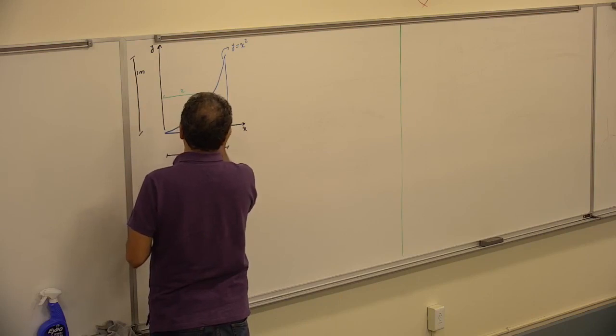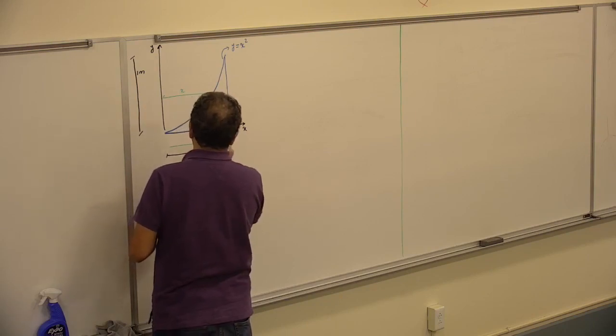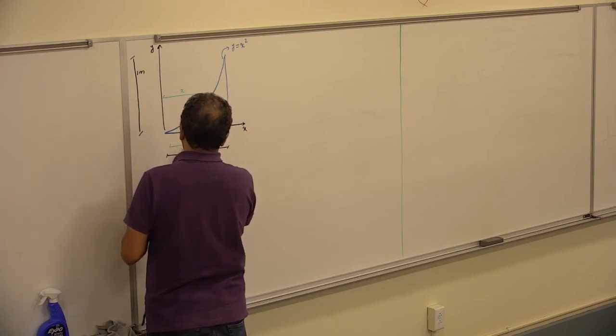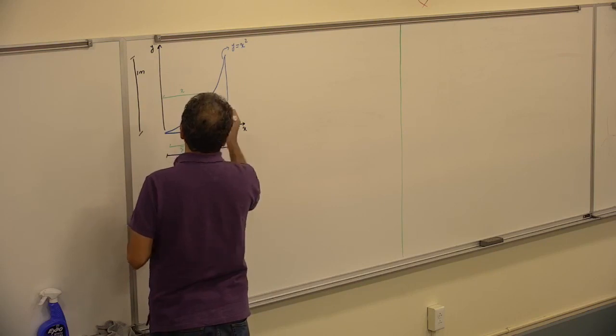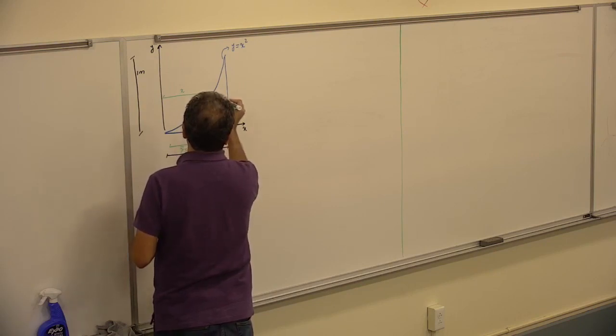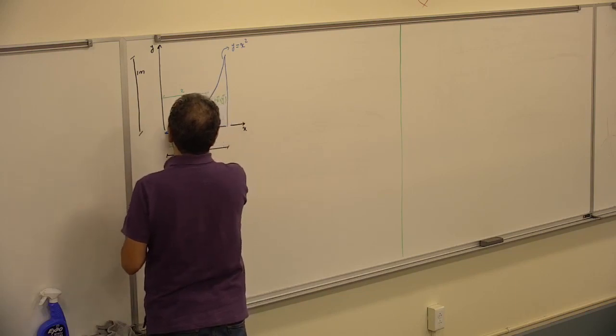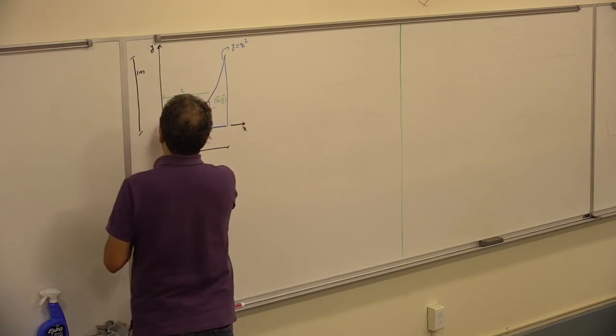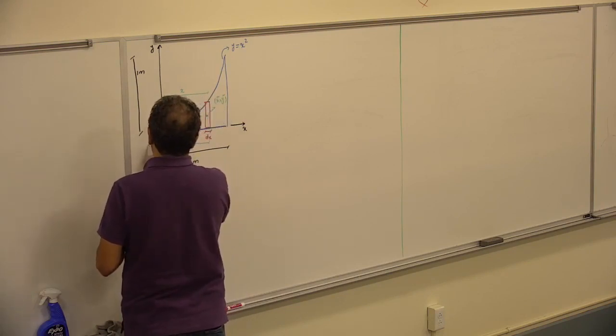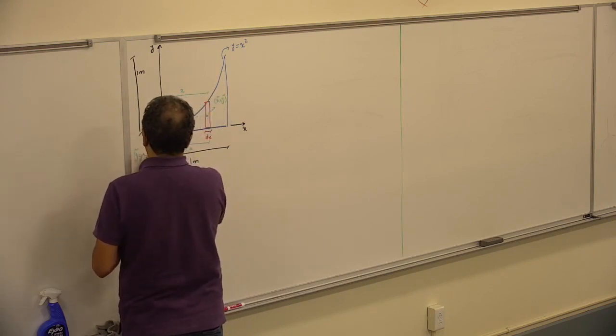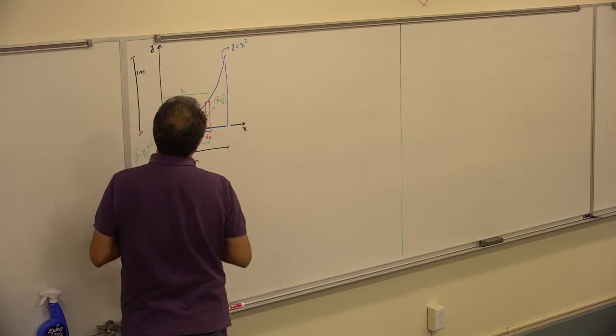So x tilde would be x, and y tilde is the centroid of the element, which is half of the y.